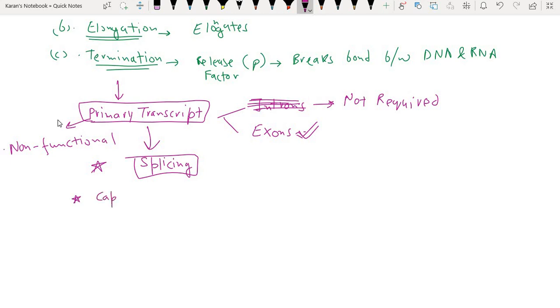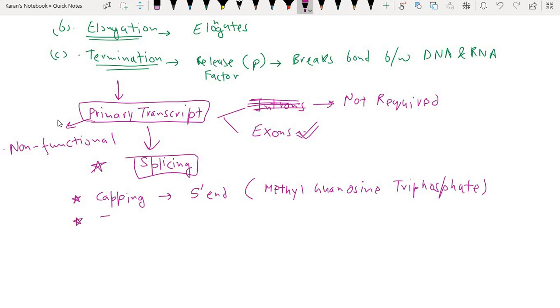One is capping. Capping occurs at the 5' end of the hnRNA, right, where methyl guanosine triphosphate is being added. And the second process is tailing. So after capping, tailing also occurs.